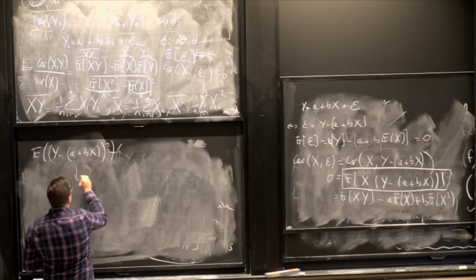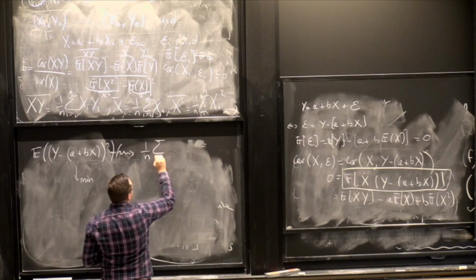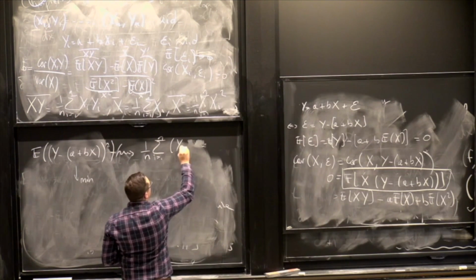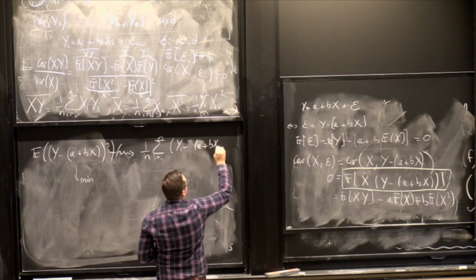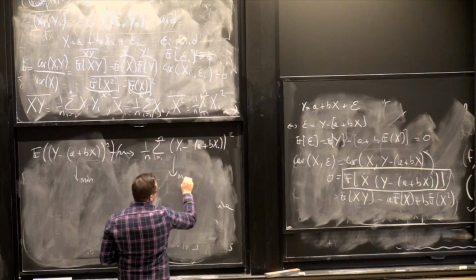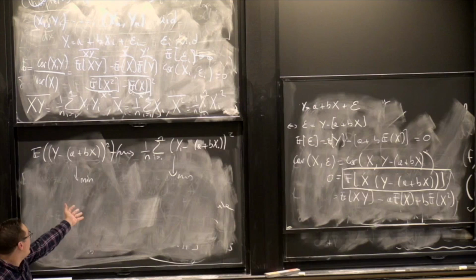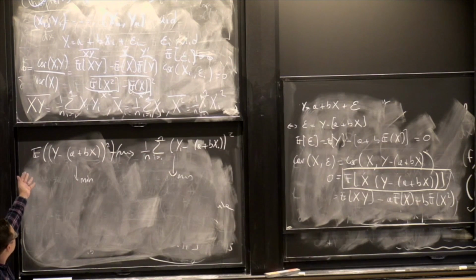Well, let's replace this by an average first, and now minimize. If I do this, it turns out I get the same result. When I replace the expectation by the average and then minimize, it's the same thing as first minimizing and then replacing expectations by averages in this case.